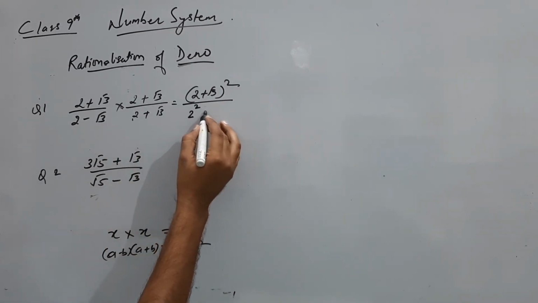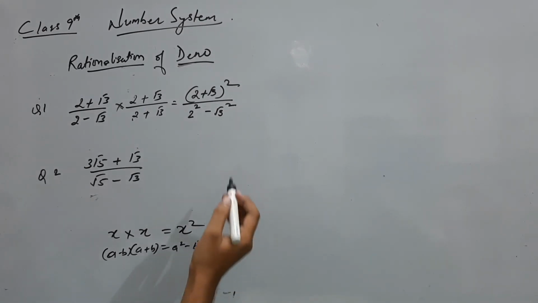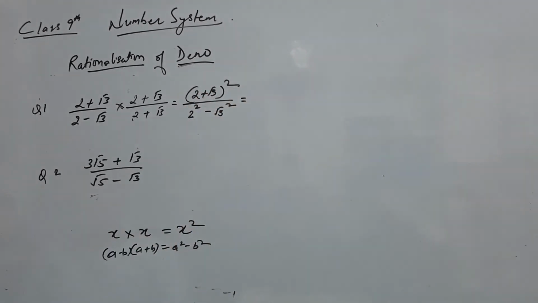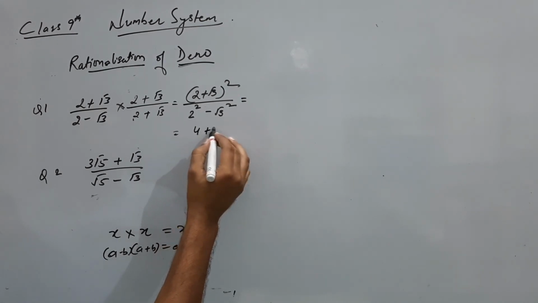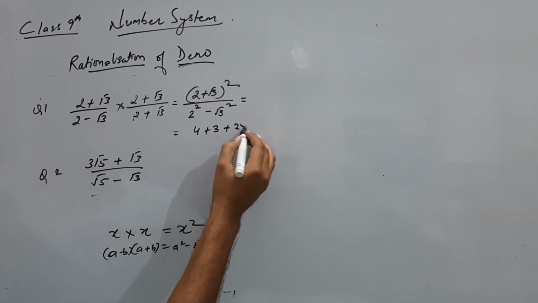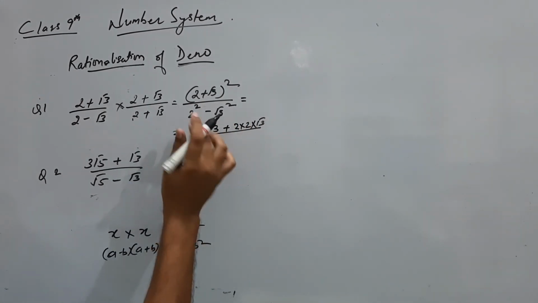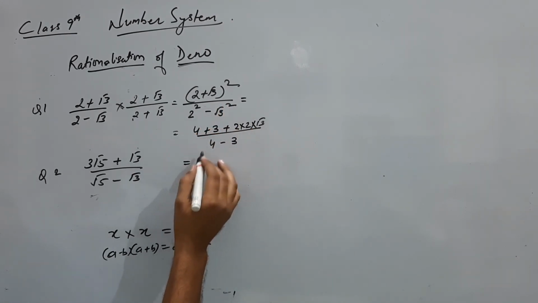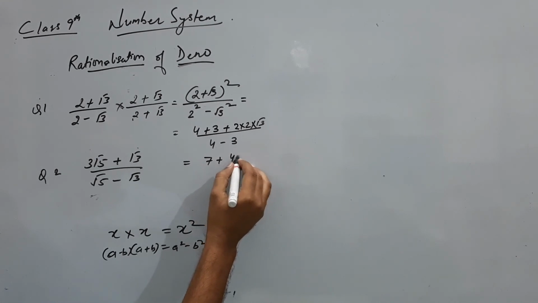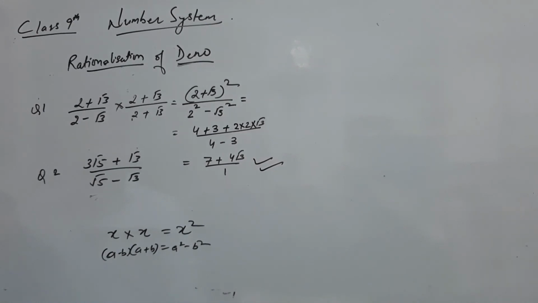So 2 plus root 3 to the whole square is a square plus b square plus 2 into a into b, and here the square of 2 is 4 minus root 3 to the whole square is 3. So the answer is 7 plus 4 root 3 upon 1. I hope it is clear.